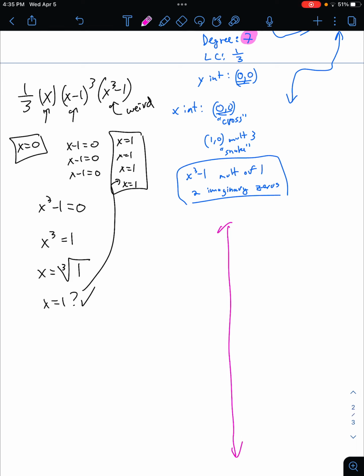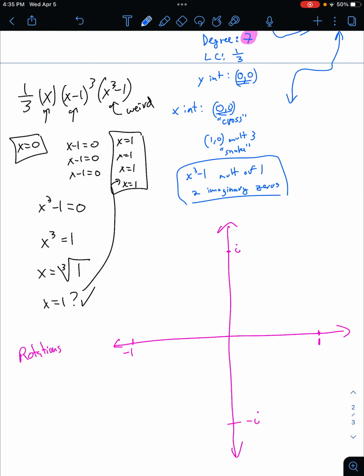If I draw my complex plane, over here is 1. Here is -1. Here's i, and here is -i. And we can think of multiplication on the complex plane as being rotations, okay?